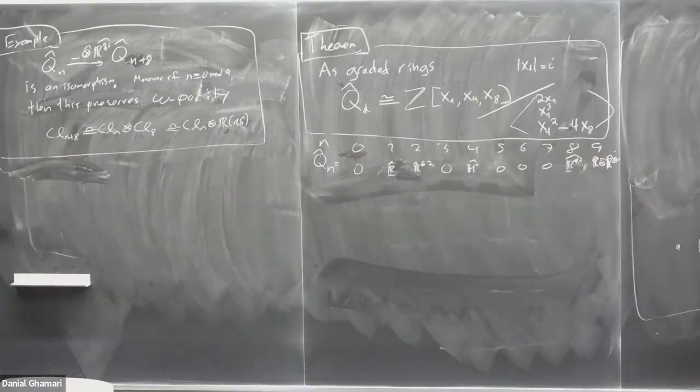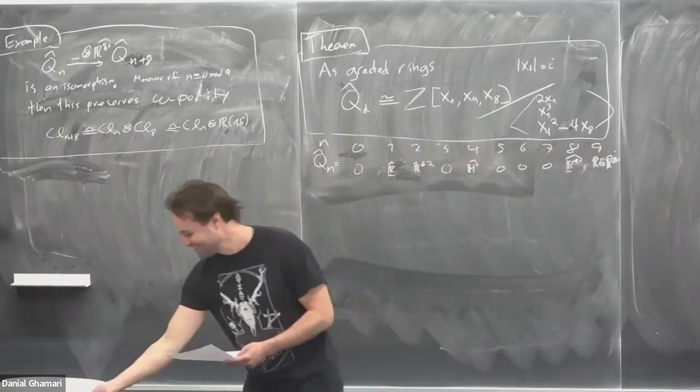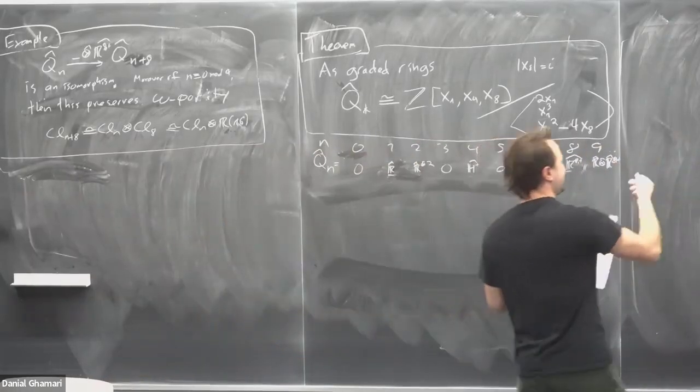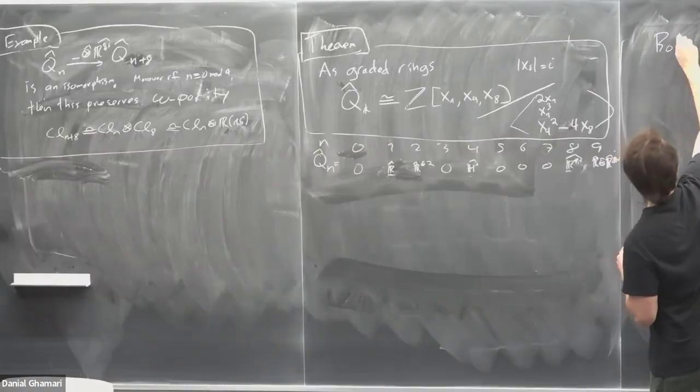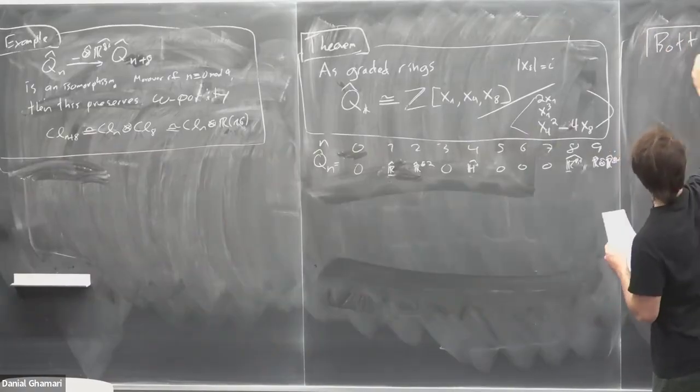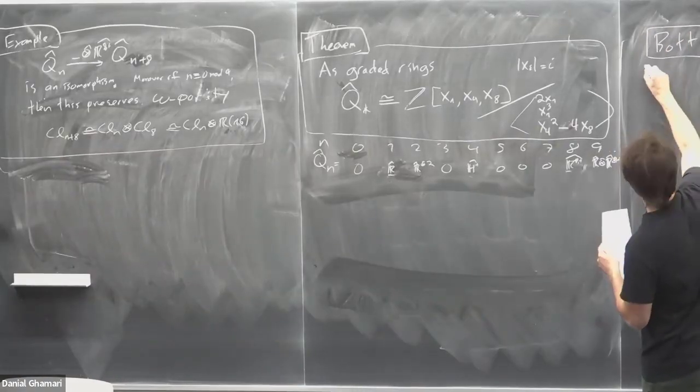We barely even mentioned topological spaces. So, the theorem by Bott is that this is the integer ring.